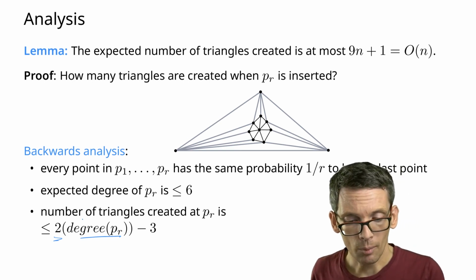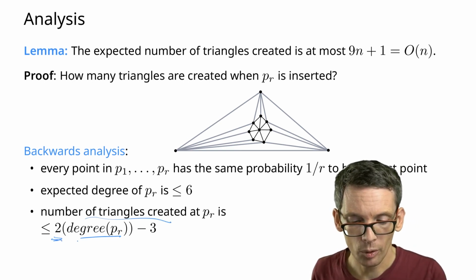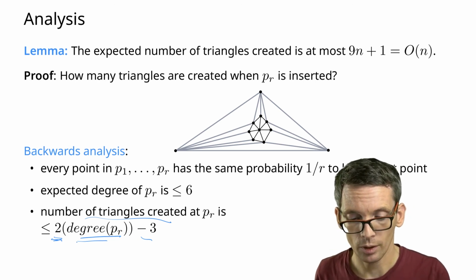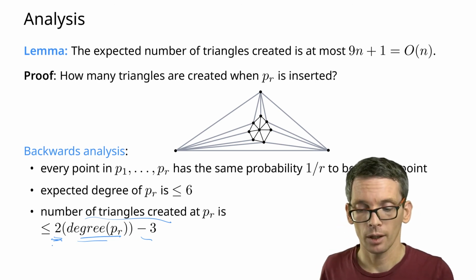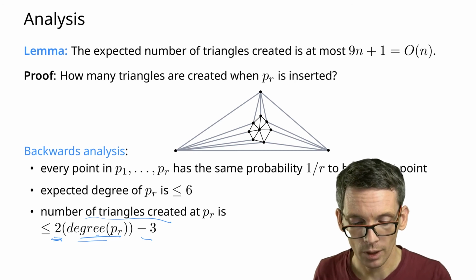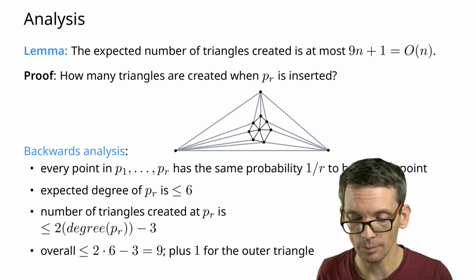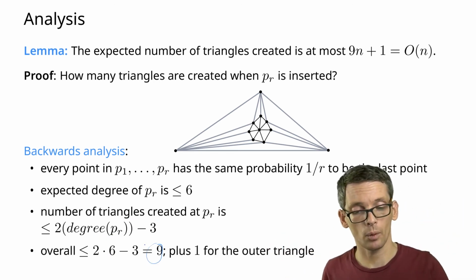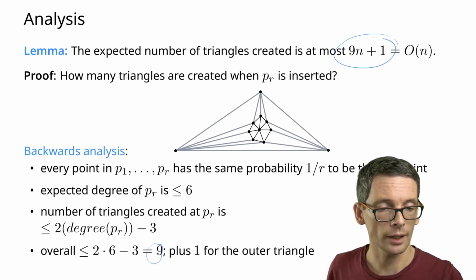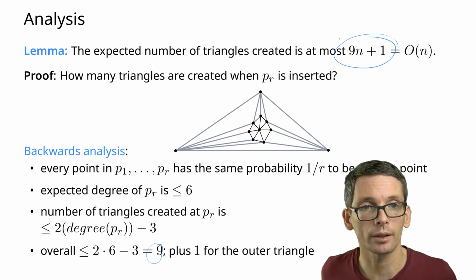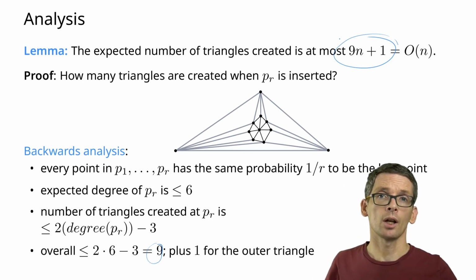So the number of triangles created can be bounded by 2 times degree minus 3. The expected degree is 6, so the expected number of triangles created is bounded by 2 times 6, so that's 12 minus 3, that's 9. And I have the outer triangle, so that gives me one more. So overall, I get this bound of 9n plus 1 on the expected number of triangles created during the construction. So that's the update cost.